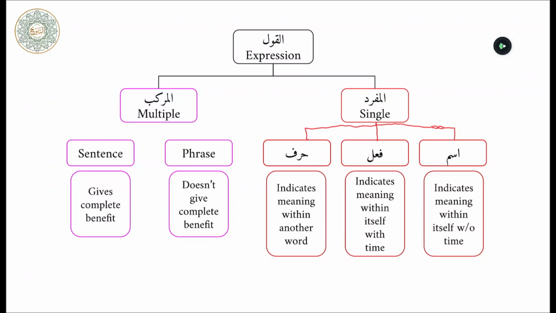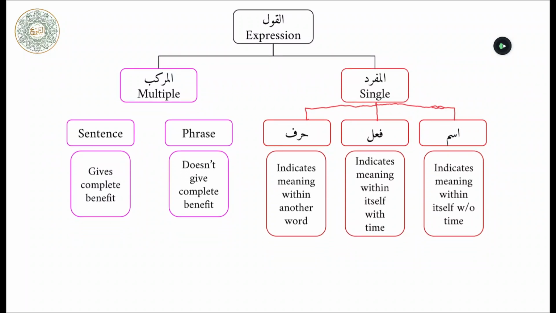So, for example, when you hear someone say tree, in Arabic that would be shajara. When you hear someone say tree, you don't think of present tense or past tense or future tense. You just picture a tree, irrespective of whatever time it's existing in. All that comes to mind is the tree in and of itself.